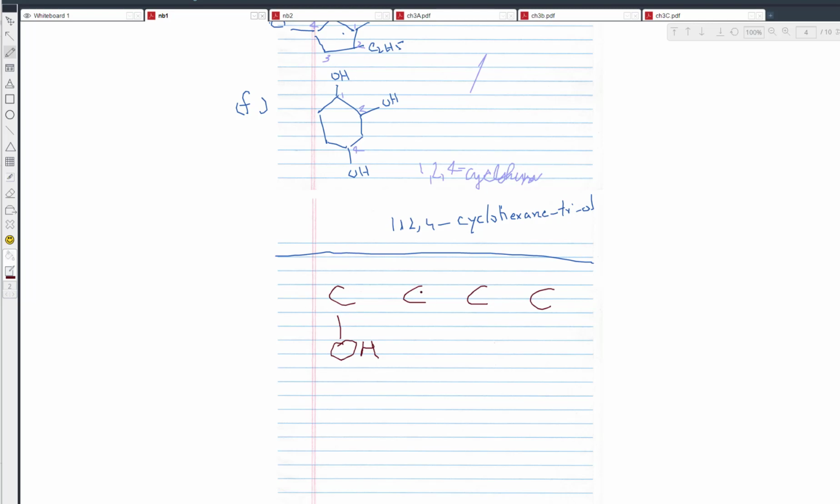So just put 2-methyl. Up and down doesn't matter. And now fill in the hydrogen and the lines. Make the bonds.